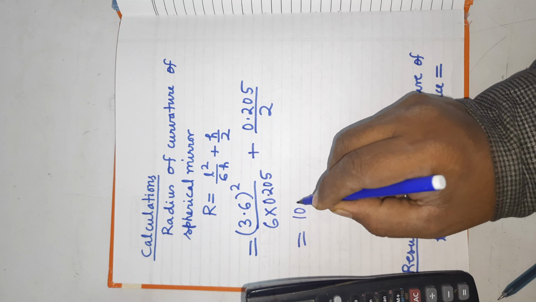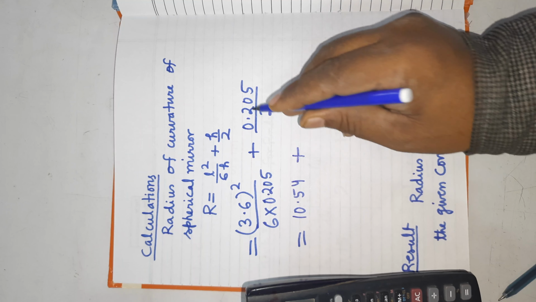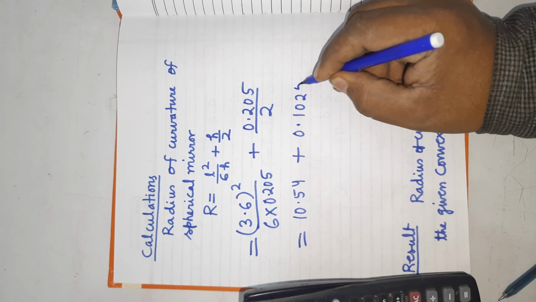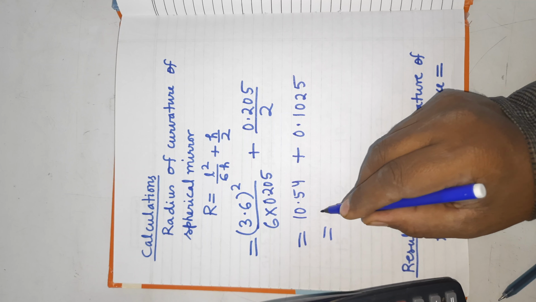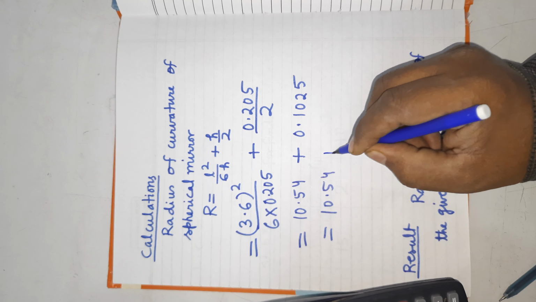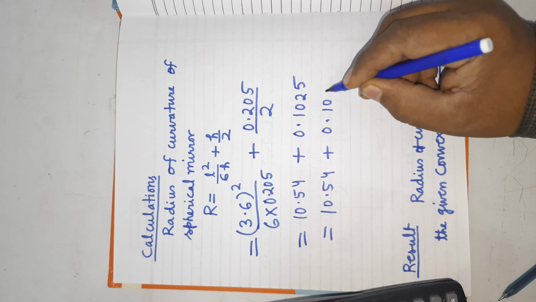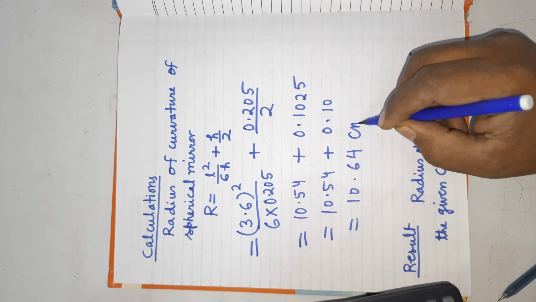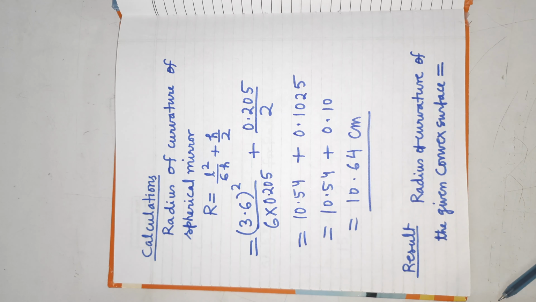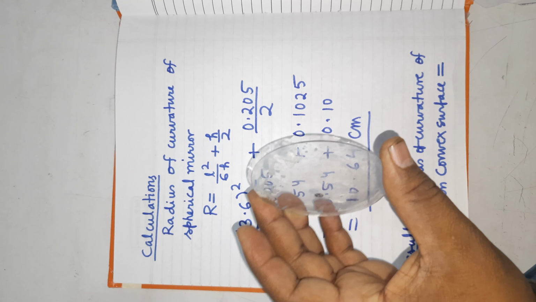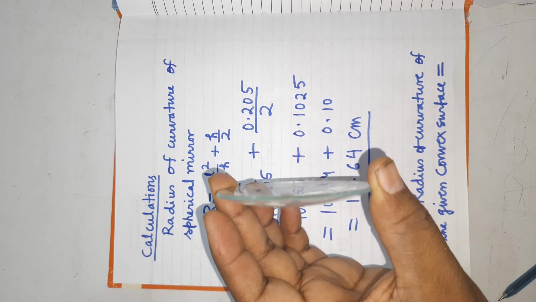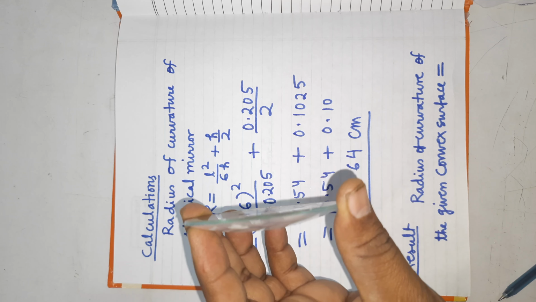Plus h upon 2 is 0.1025, so it will be 10.54 plus 0.10, which is 10.64 centimeter. It's clear? Its radius of curvature is 10.64 centimeter, meaning it is a part of a glass sphere whose radius is 10.64 centimeter.